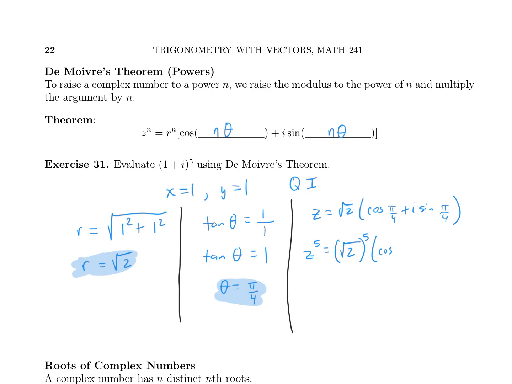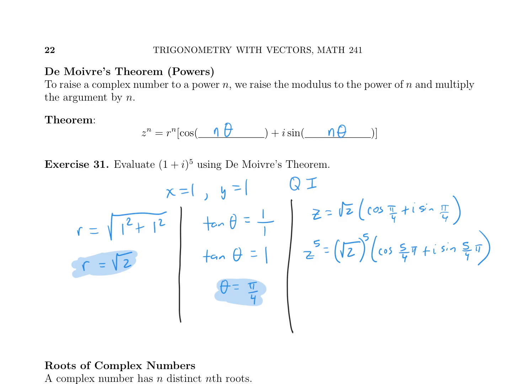So because n is 5, pi over 4 times 5 gives us 5 fourths pi. So whatever the exponent is, that's what you multiply the argument by. So now we have plus i sine 5 fourths pi, close parentheses.